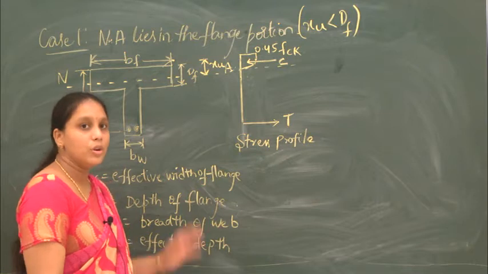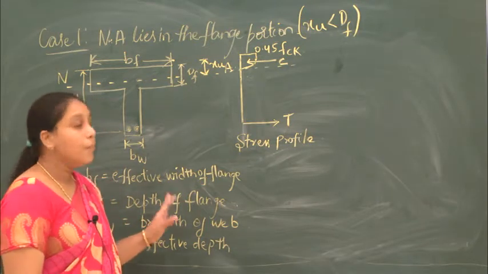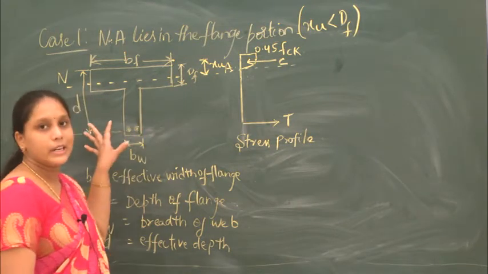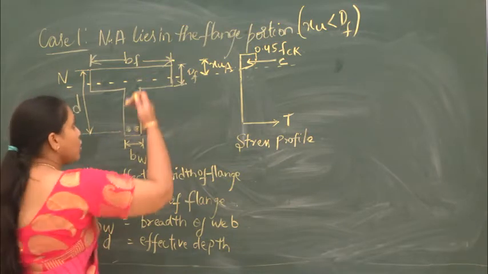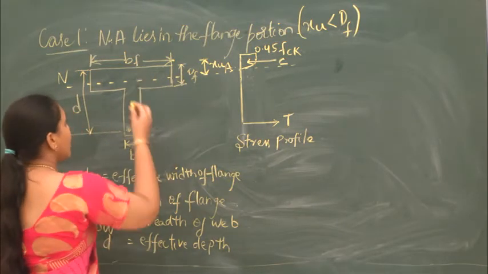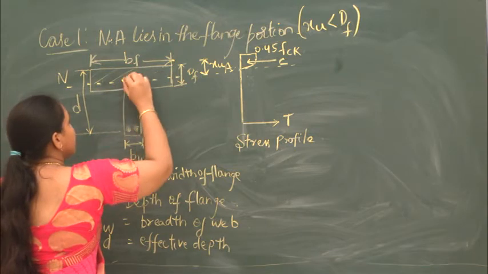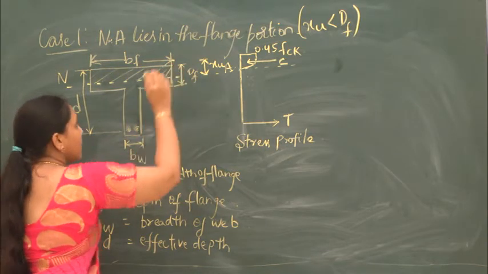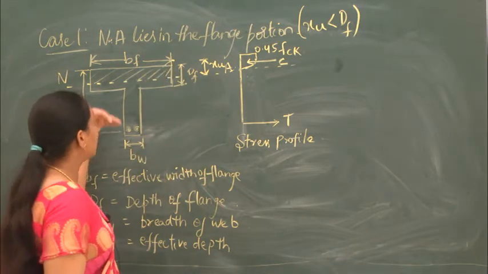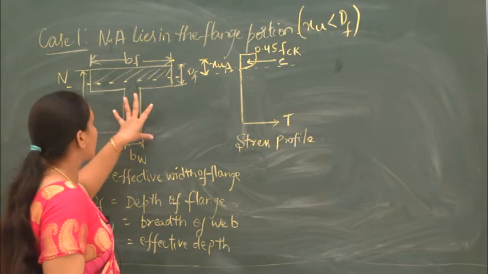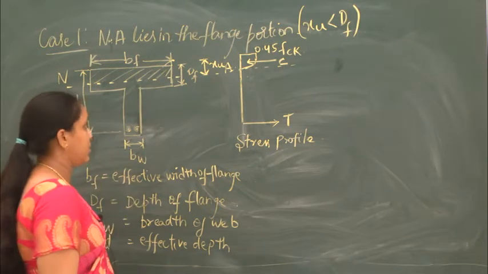Now we have to analyze this. If you see this particular T-beam section, above the neutral axis all this part will be under compression, and below the neutral axis it is going to be under tension.